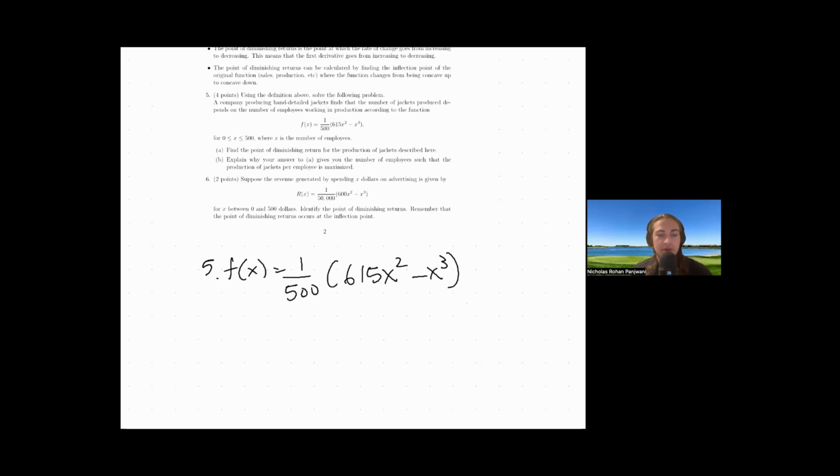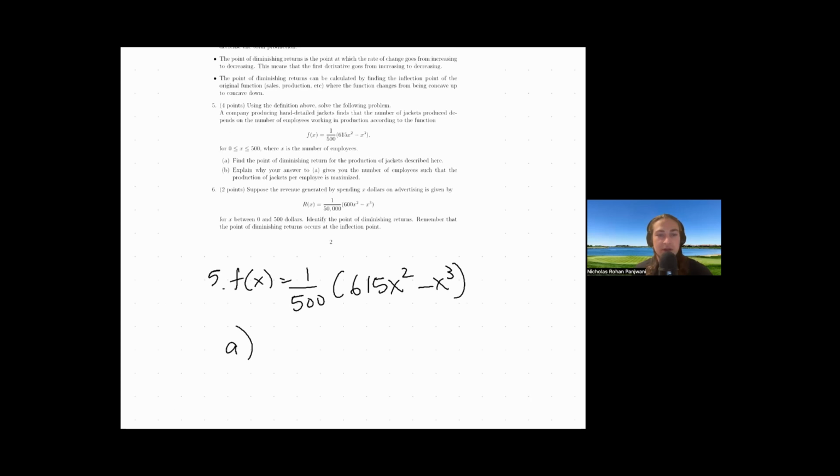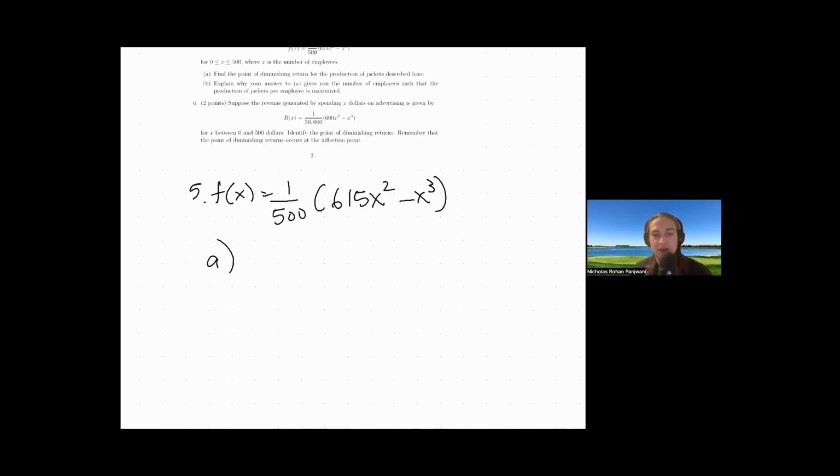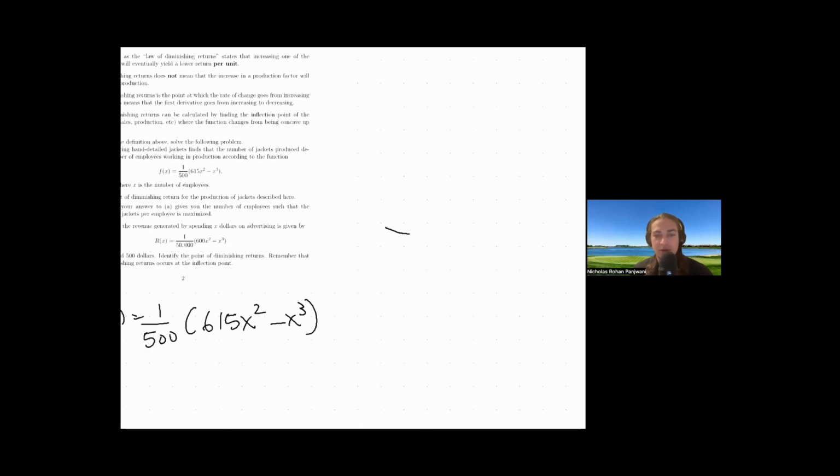Okay, find the point of diminishing returns for the production of jackets described here. So the point of diminishing returns is fundamentally where the second derivative is equal to 0. Graphically you have increasing returns and then diminishing returns.